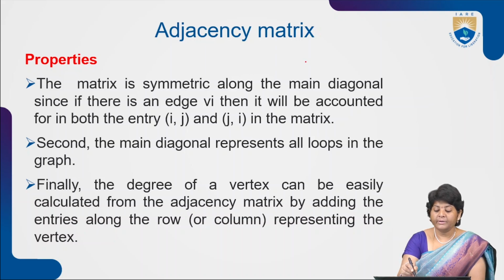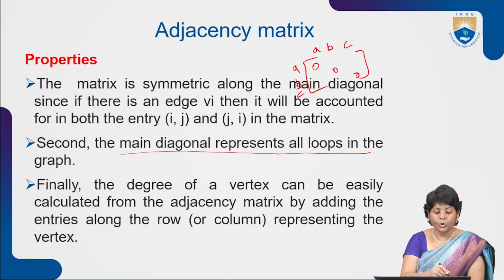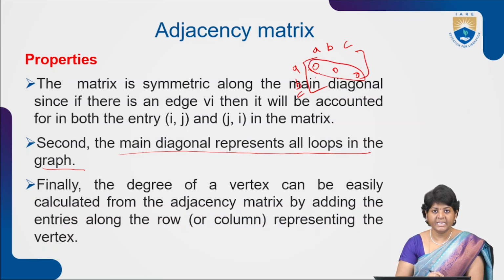So we consider A, B, C, and here there is no self loop, so we mark it as 0. The main diagonal represents all loops in the graph: AA self loop, BB self loop, CC self loop. So this is the main diagonal, which represents the self loops.